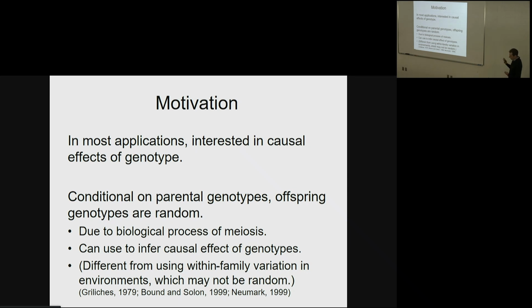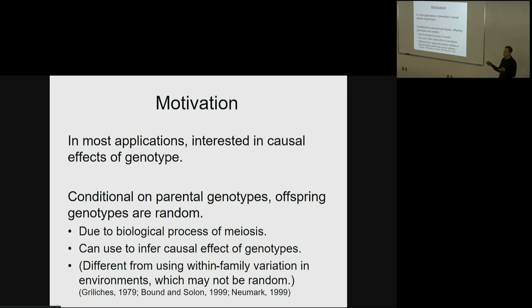Now, this is a bit of an aside, but to an economist outside this literature, this may superficially resemble the use of within-family variation in environments. At one time in economics, there was some enthusiasm about using MZ twins and the variation in MZ twins to try to get at causal effects.